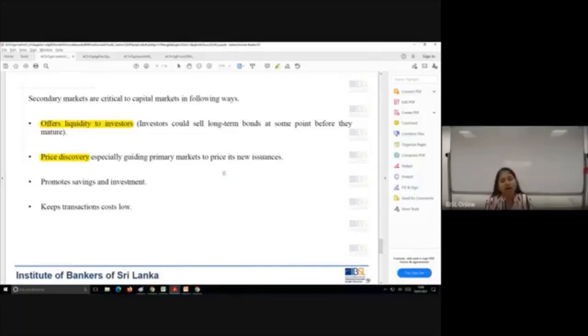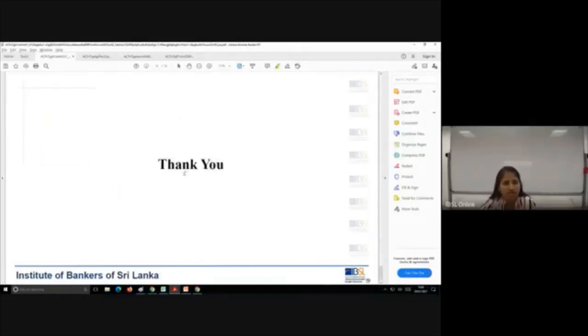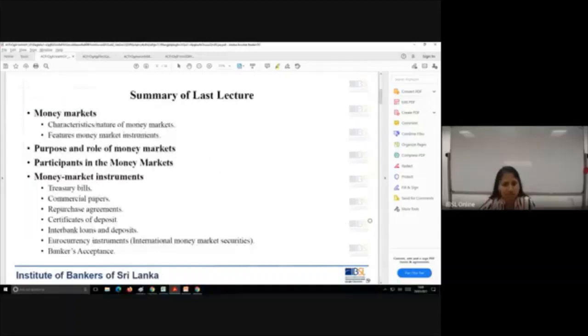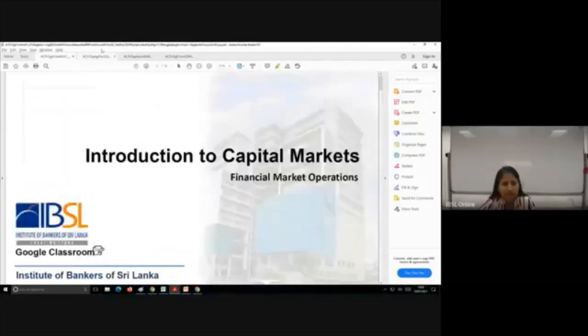Finally, secondary market is again helping the primary market by keeping the transaction costs very low. Anyone who purchases in the primary market or in the capital market per se, they can easily trade in the secondary market with minimal transaction cost. So that's going to help or support them to quickly convert their instrument into cash. Okay, so with that we can finish off the lesson on introduction to capital markets as well.